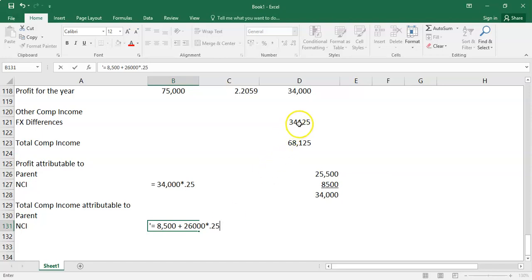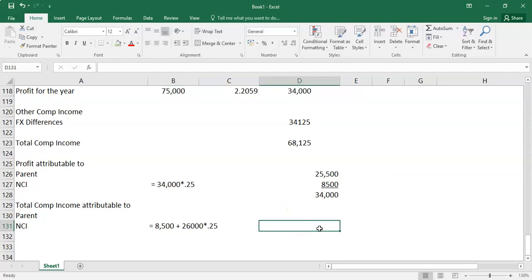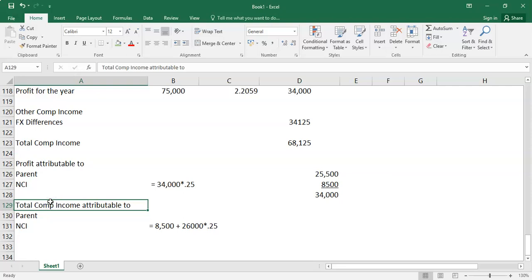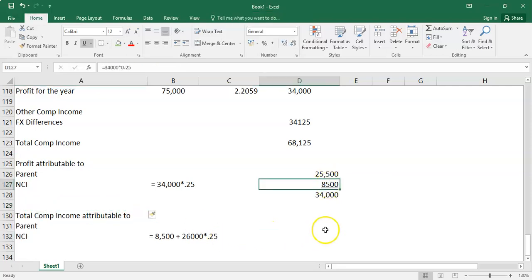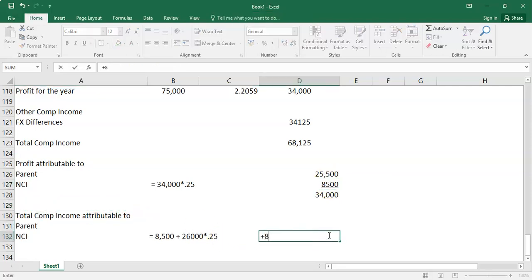It doesn't get 25% of the whole amount because we know the goodwill is only attributable to the parent. So here, in terms of an allocation, the NCI is going to get its share of 8.5 always, because you're just adding to that, but it's 26 times 0.25. So 15,000, and the parent must get the difference.